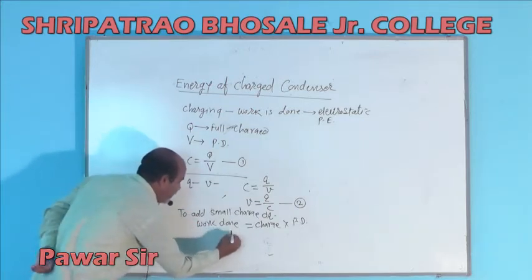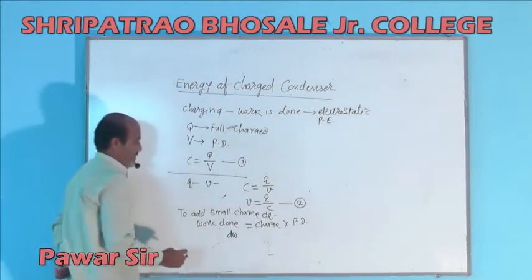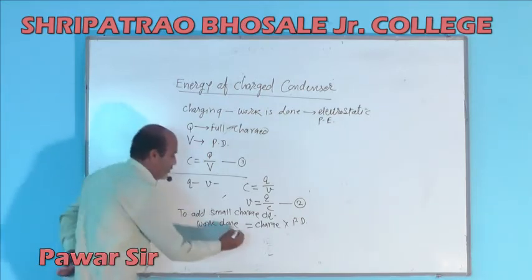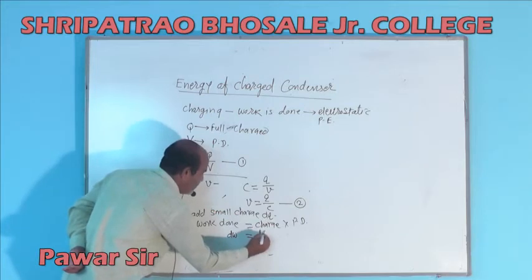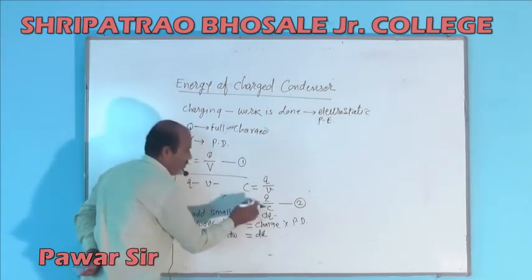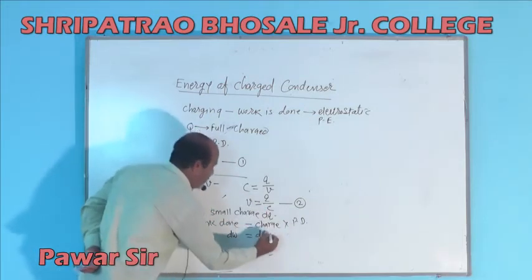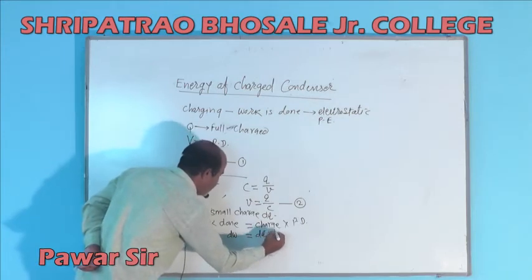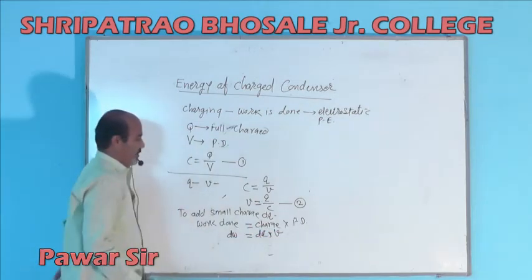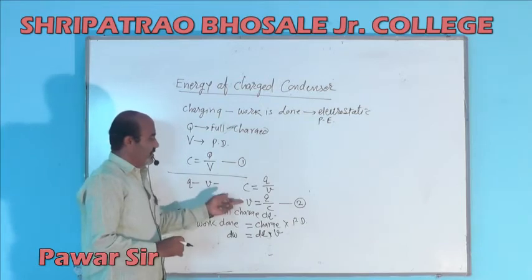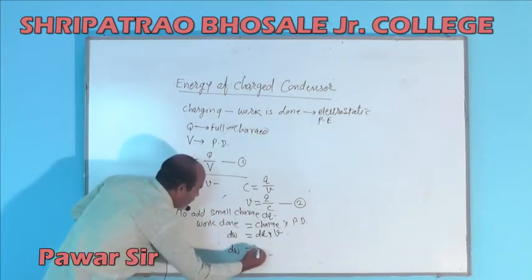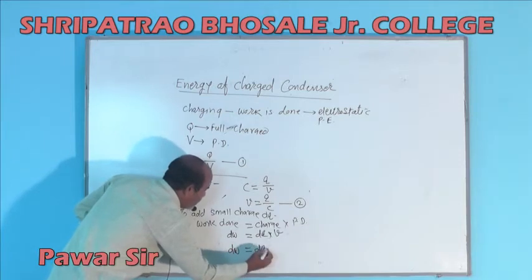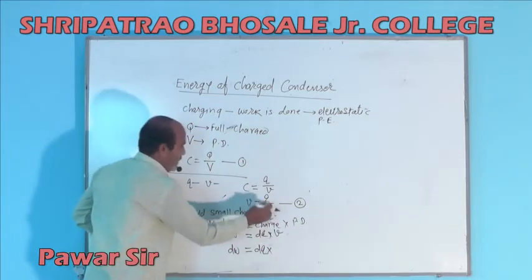We denote it by dW. dW is equal to charge dq into potential difference V. Putting value of V from this equation, dW is equal to dq into Q divided by C.